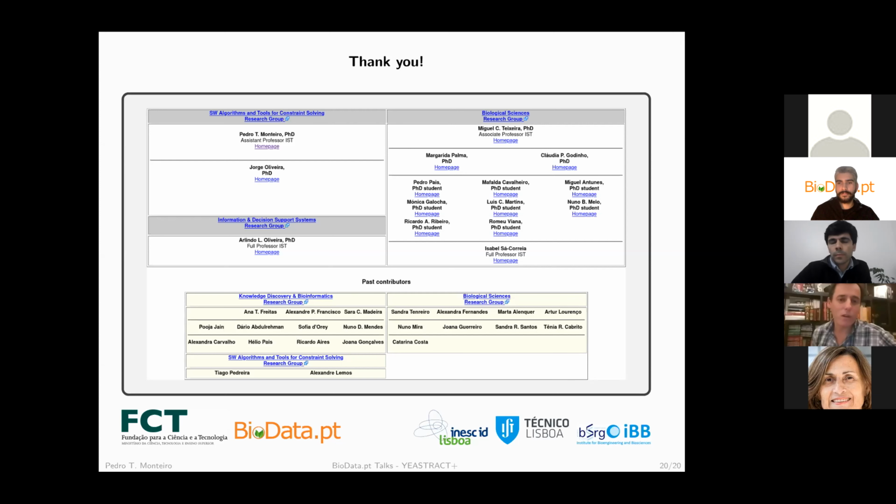So we don't try to compete with them because we don't have the same purpose. I mean, we will never extend YEASTRACT to all fungal genomes, we don't want to do that. And they don't explore the kind of data that we explore, which is focused on transcriptional regulation.